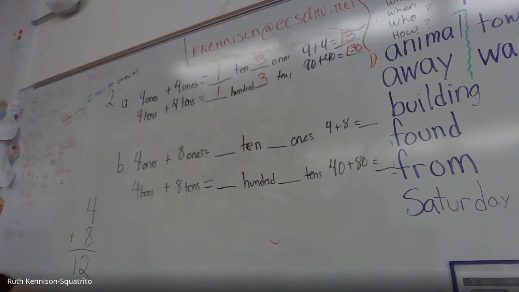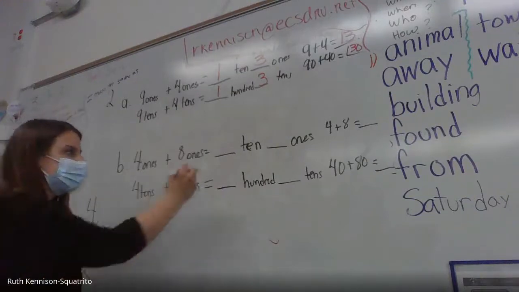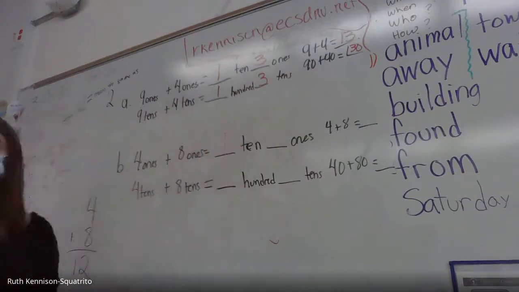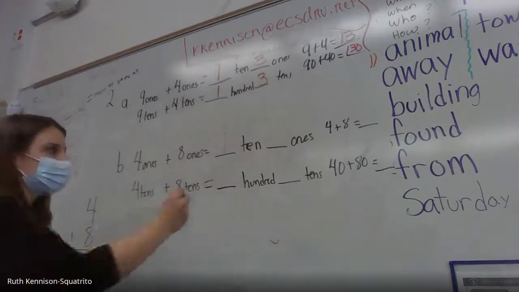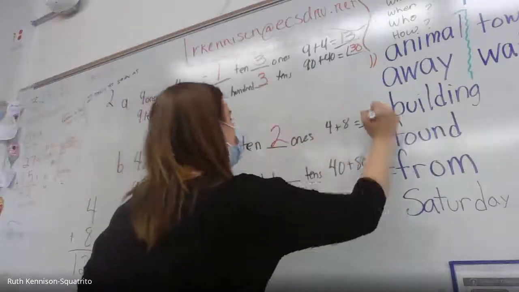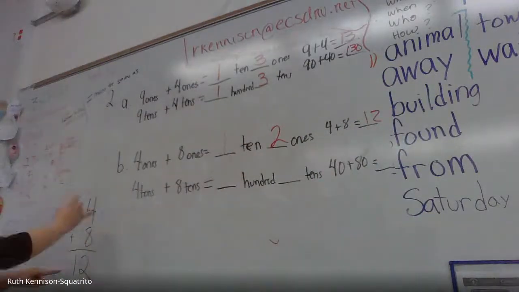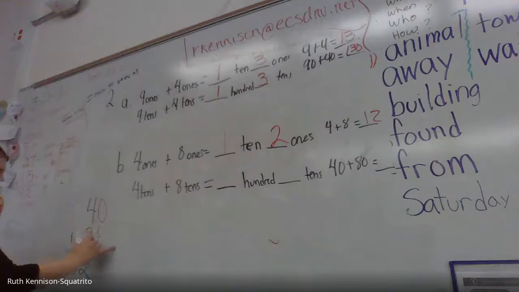Sophia, in the number 12, how many tens are there? 1 10. And how many ones? 2 ones. Very good. Okay, now guess what? 4 tens plus 8 tens, now you get 120.